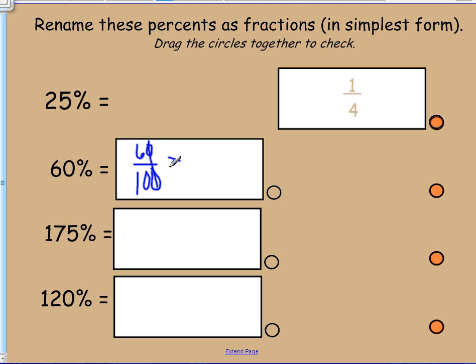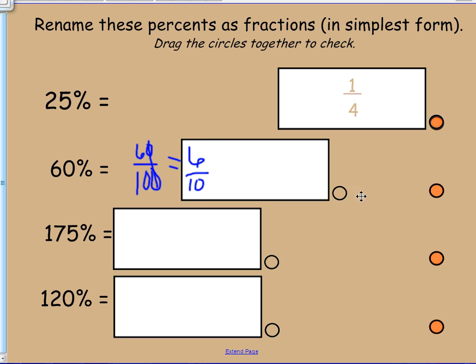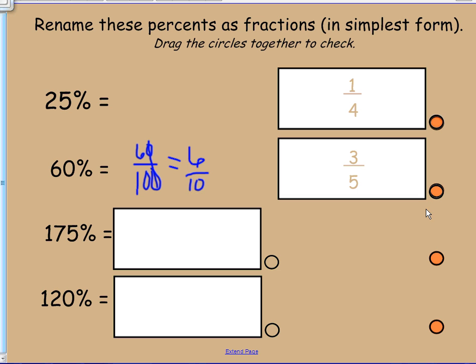Simplify, we have 6 over 10. We could even go further and we can get 3 over 5. All right, so if you could please, this is the last assignment for you this evening, is to do 170% as a fraction and 120% as a fraction.